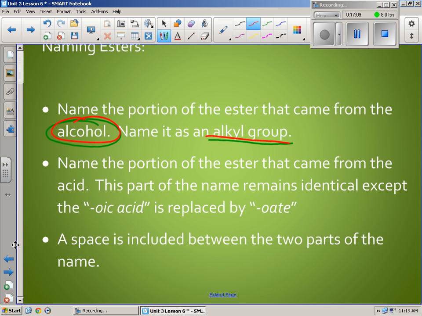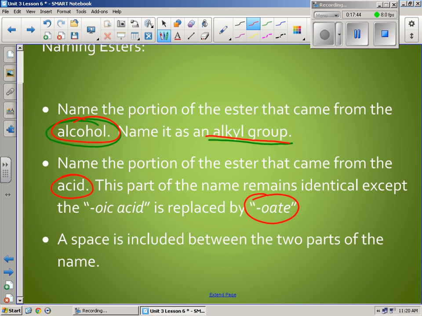The other part, the carboxylic acid part, is going to be named such that we drop the oic acid, because that would refer to a carboxylic acid. We're not doing carboxylic acids. It's made up of a carboxylic acid, and we replace the ending with an oate part instead. This is the only one where you should have a space between the parts.